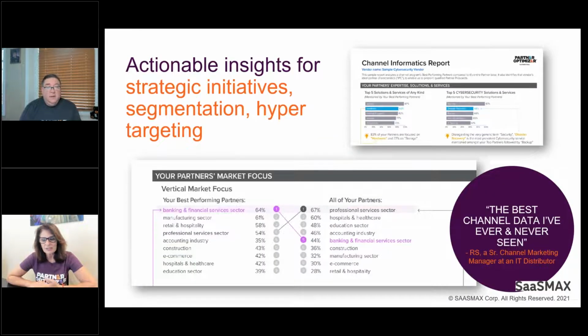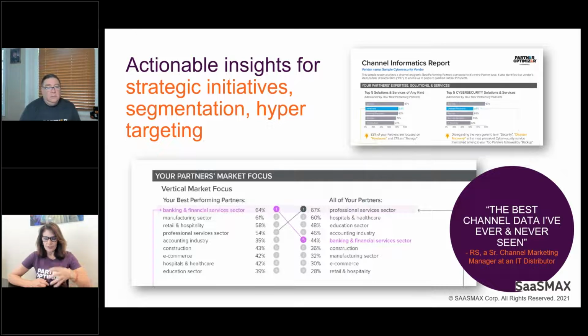this is just examples of how we roll that data up into what we call informatics and insights. So for example, we can show you on the bottom side, this little chart says your partner's market focus, right? We found that the best performing partners of this one company were mostly focused on banking and financial. But when you look at all of the partners they had let in, most of them are focused on professional services.